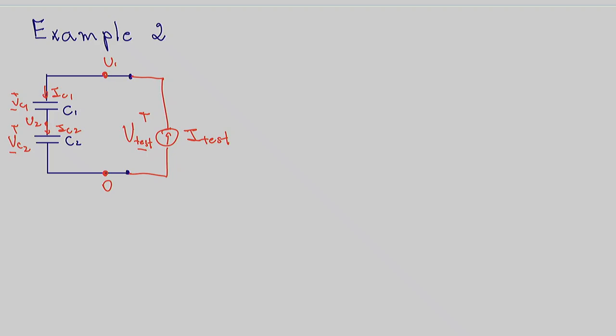We did say from the beginning that I test was going to be equal to IC1, which is equal to IC2. Are we good there? That's a good point to start, because we made our decision of connecting a current source based on that, since it's going to be much easier. So this is what we find if we apply KCL.